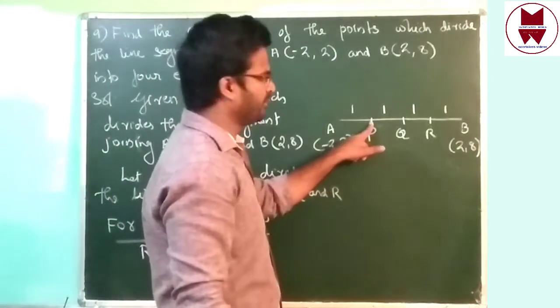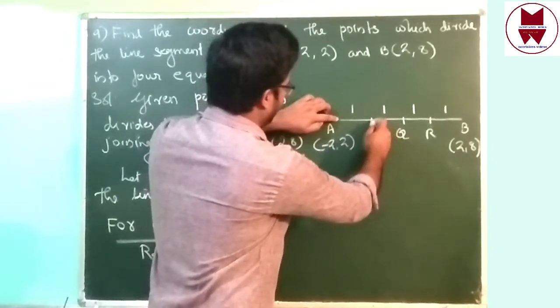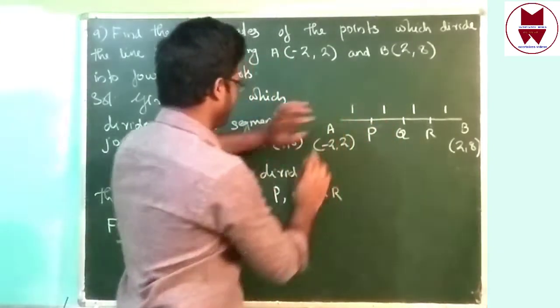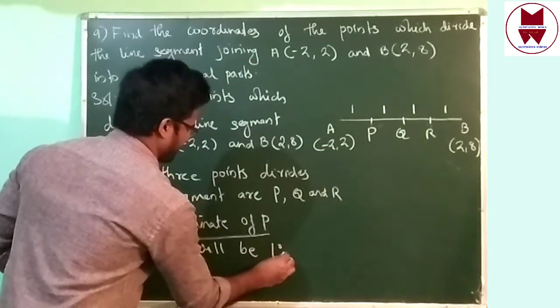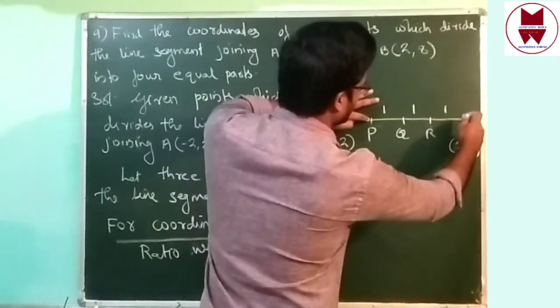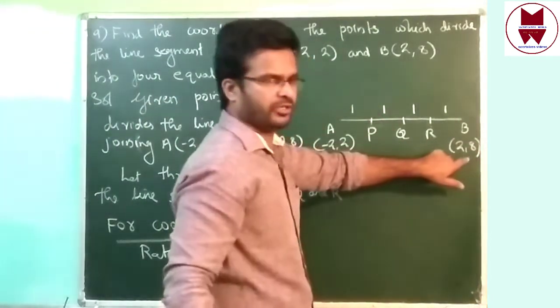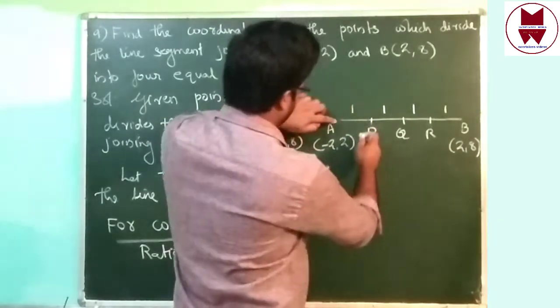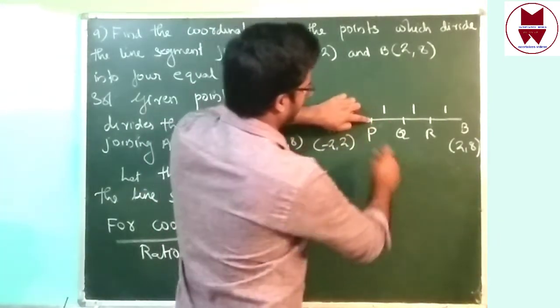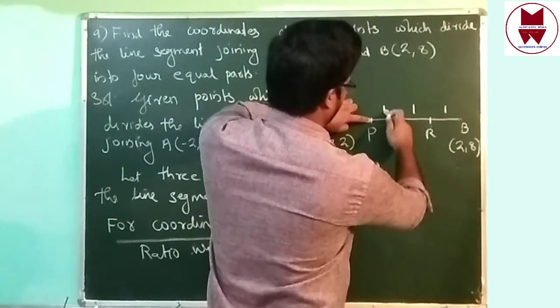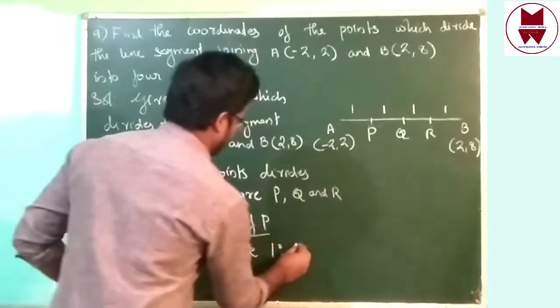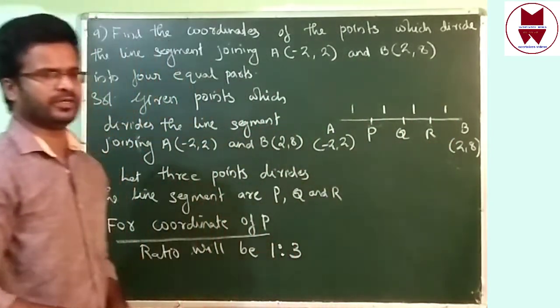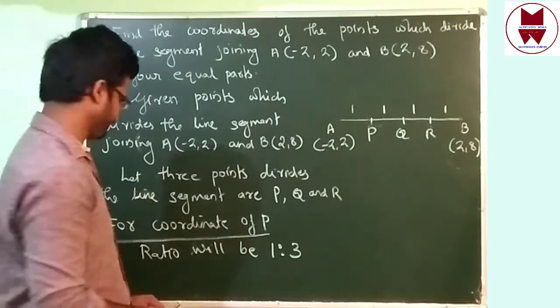Check it. This is our point P. That means from A to P, how much? That is 1. 1 is to, then P to B, because B only we know, isn't it? Then first A to P we took 1, then P to B, how much? 1, 2, 3, isn't it? That means ratio is 1 is to 3.